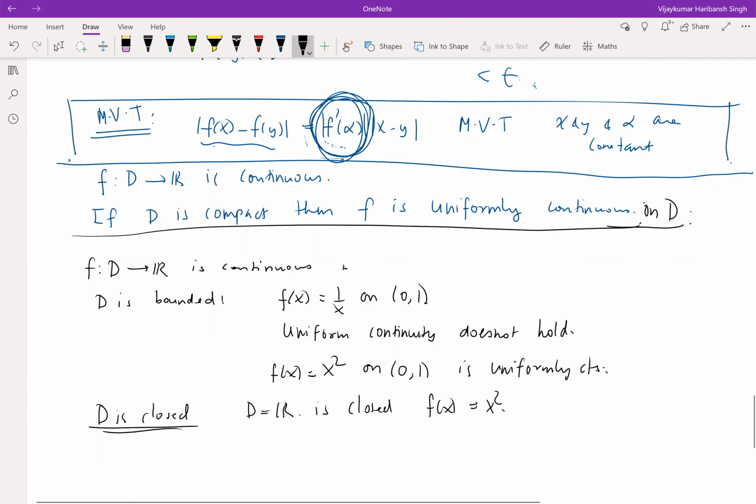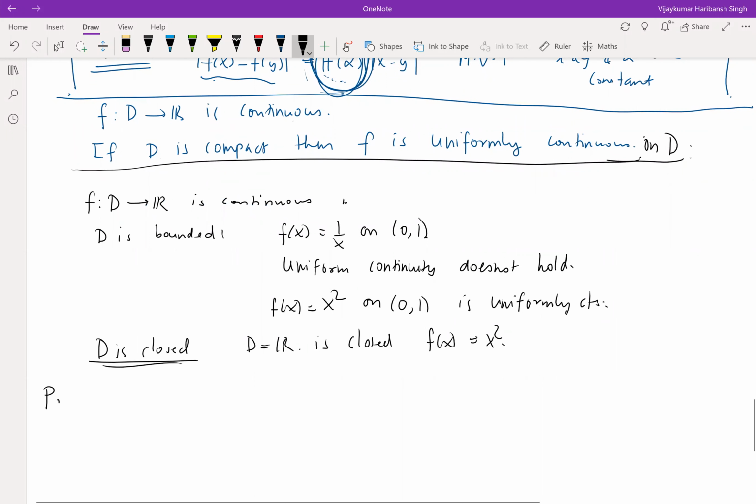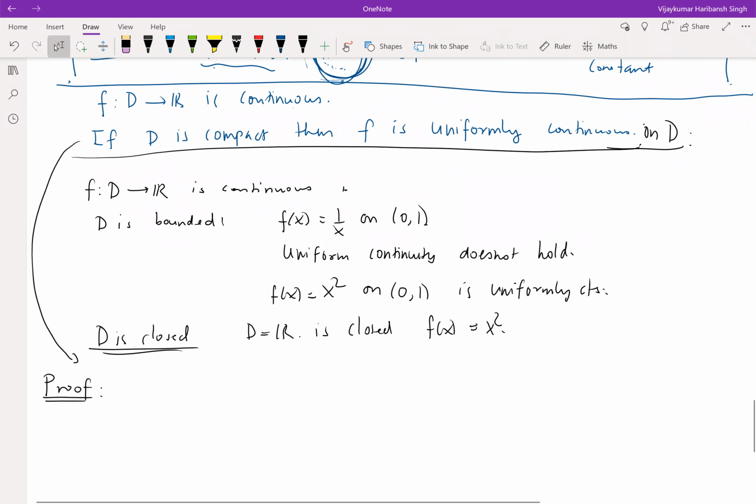All right, so how do we prove that? Yeah, that is the point. So let's try to approach the proof. Note that it's a continuous function on your domain D. So the idea is the following.